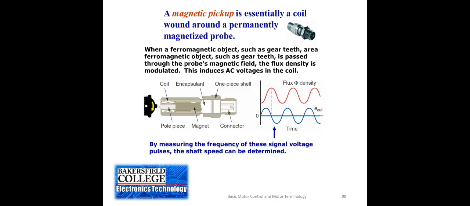It's just a coil, it's a magnet, and as that tooth goes across the pole piece, the magnetic field is pulled across the coil, and that generates a pulse of electricity. So by measuring the frequency of those pulses, we know the speed of the motor. If we have two of those that are located a little bit offset from each other, then we can compare both pulses and we'll know which direction the motor is spinning. So they will call that a directional sensor as well.